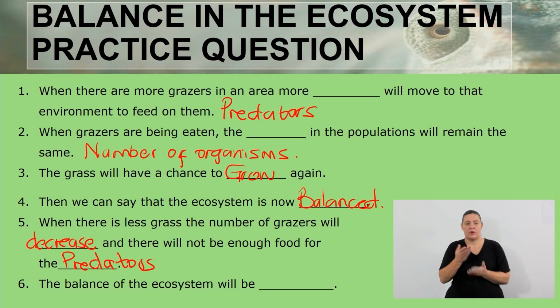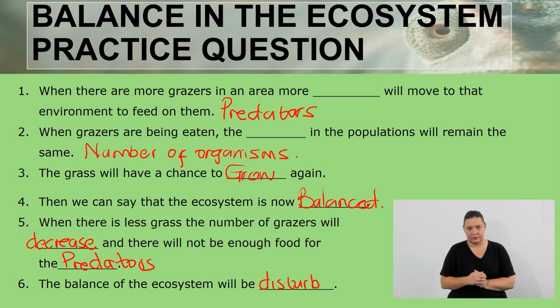Right. So the balance of the ecosystem will be disturbed or disrupted. So that is the first activity that we had to do about the balance in ecosystems.